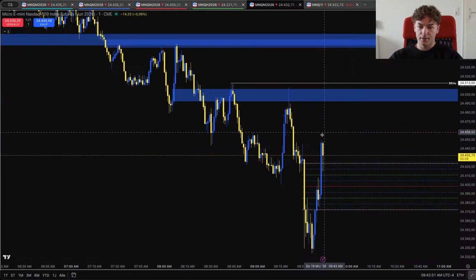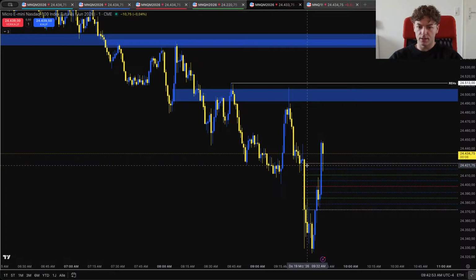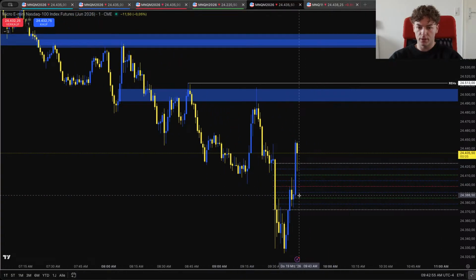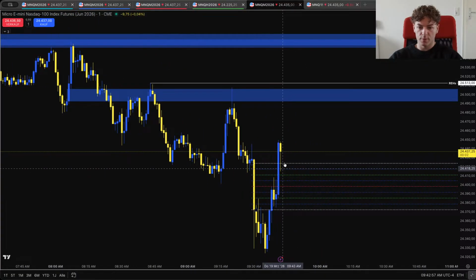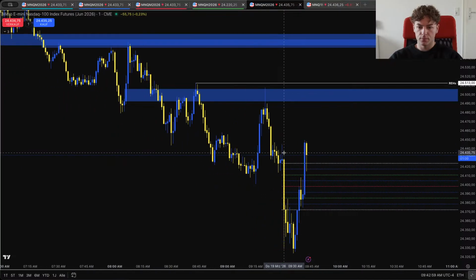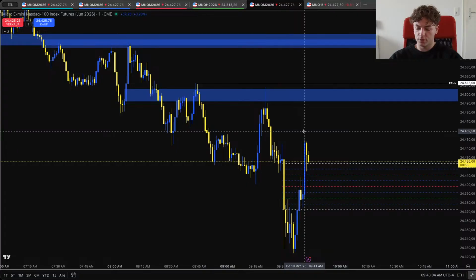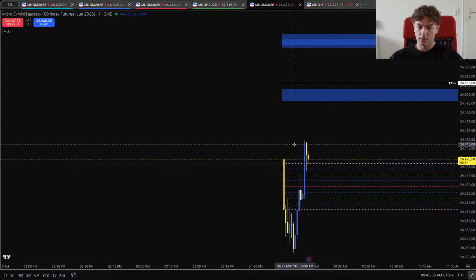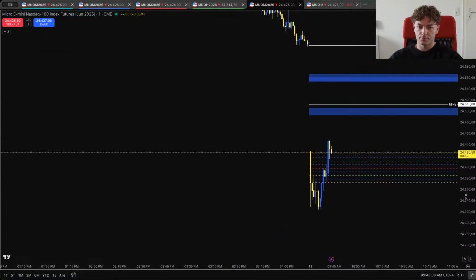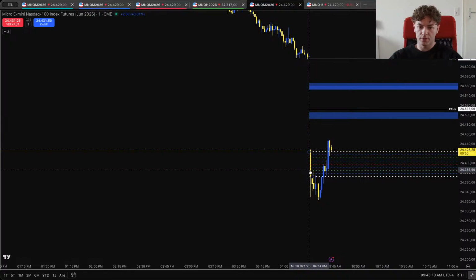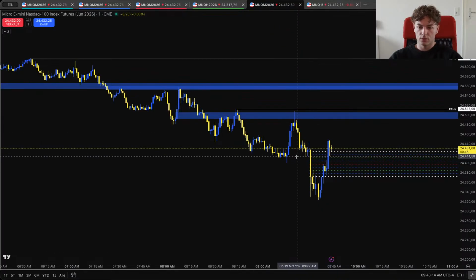I guess that's the case for today. I'm still looking for another first fair value gap, but this might be it. We had a huge opening range gap, and this candle also took out sell side.